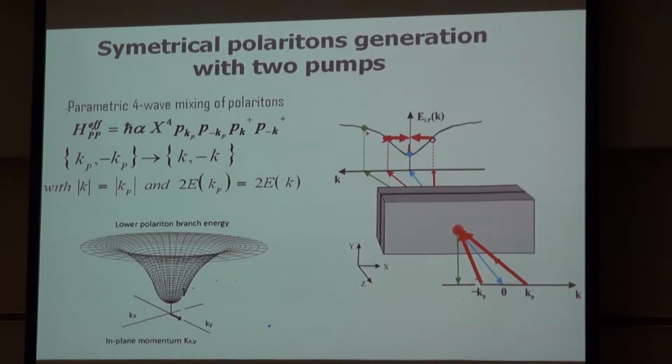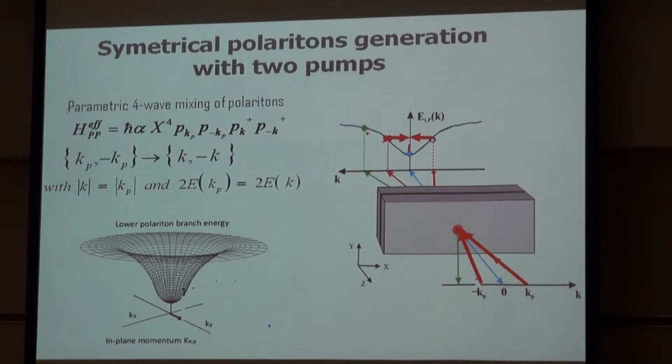Then at the output I can have two other polaritons that are created on this dispersion curve, but in 3 dimensions. And of course, it's not necessarily Kp and minus Kp. It can be in other directions.